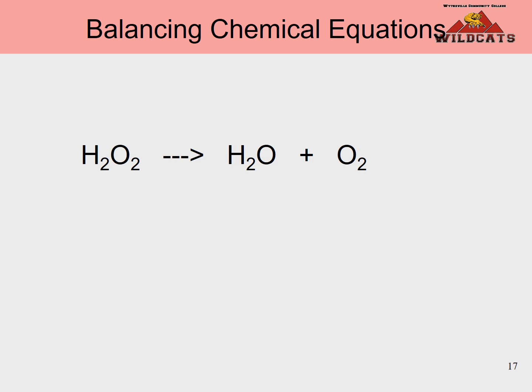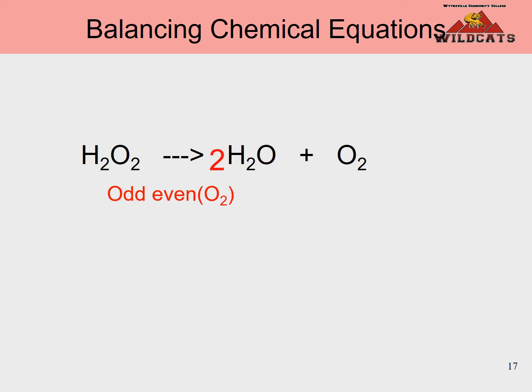So if we take a look at our equation here, you'll notice I've got two oxygens on the left, and I've got 3 oxygens on the right. So I've got an even number of oxygens on the left and an odd number on the right.